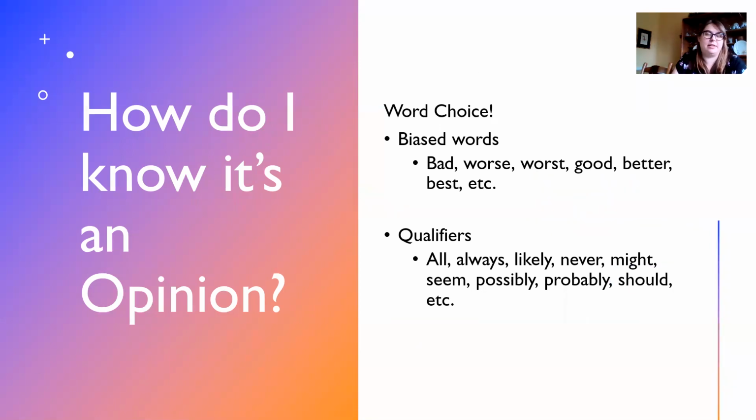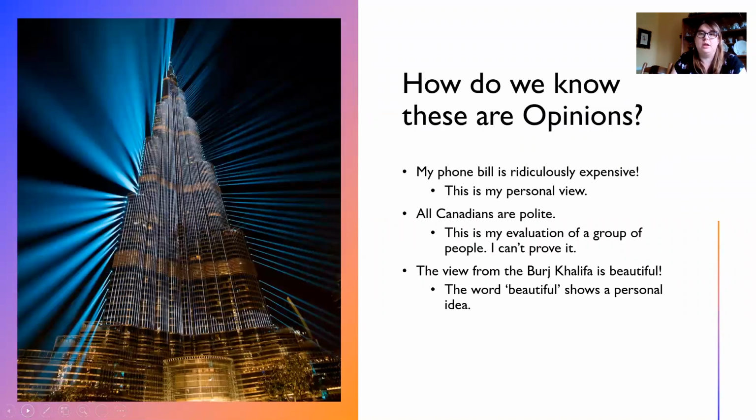So let's do a little bit of practice and see if we can explain why something is an opinion. So I kind of took my fact sentences and rewrote them a little bit. My first one is that my phone bill is ridiculously expensive. How do I know that this is an opinion and not a fact?